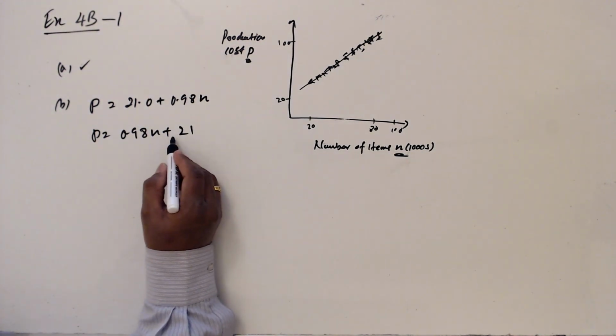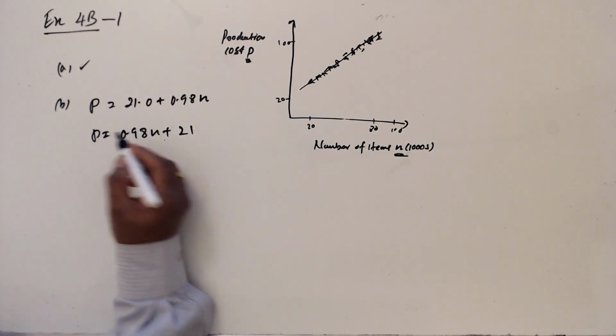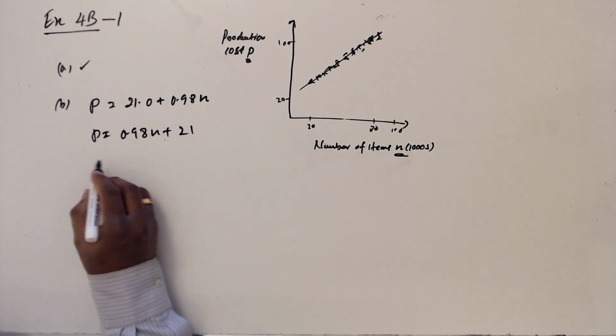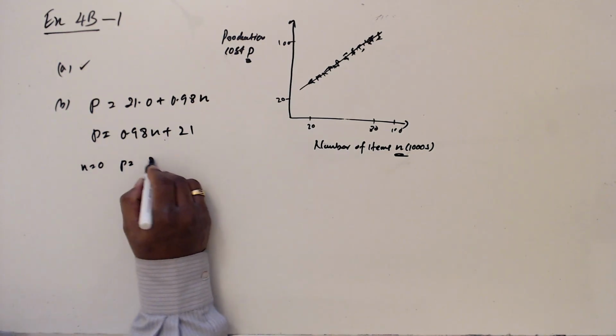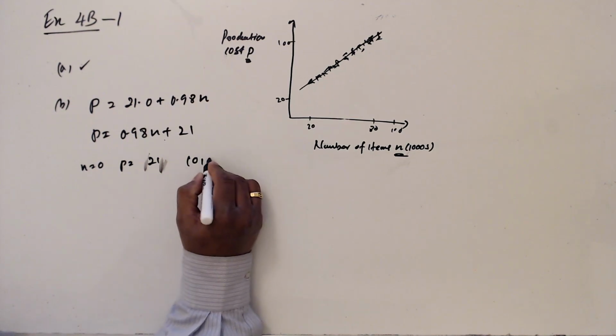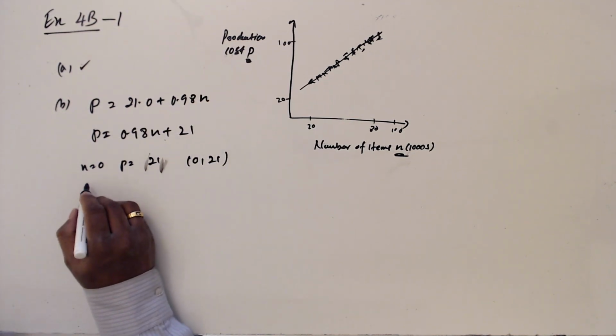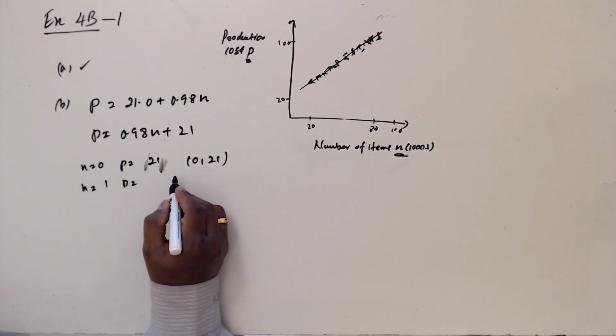How do you draw this line? You can draw this line by taking 2 points. Assume N equals 0. What is the P value? P is 21. So one coordinate is (0, 21).